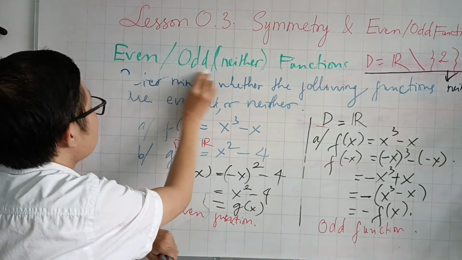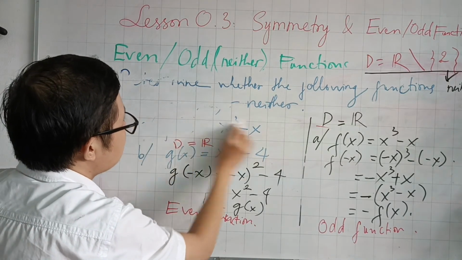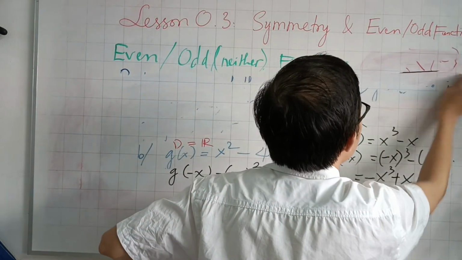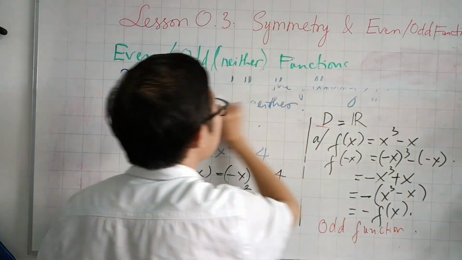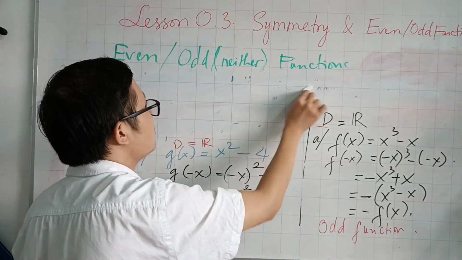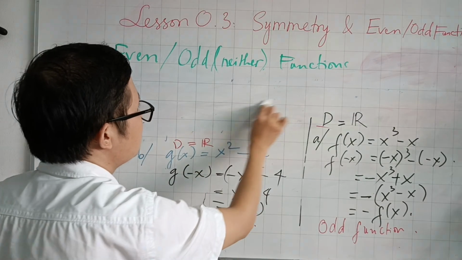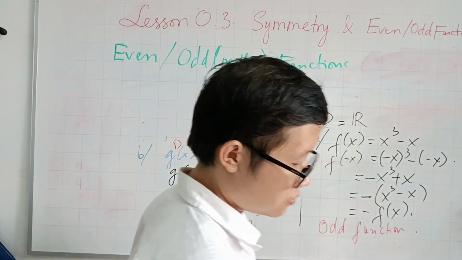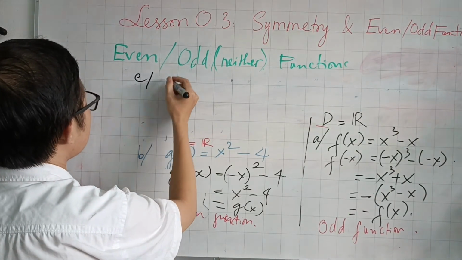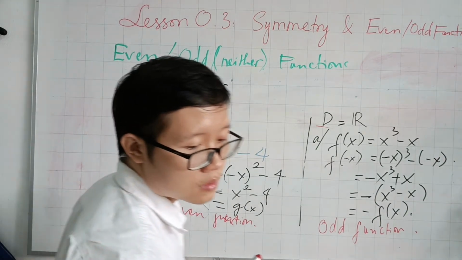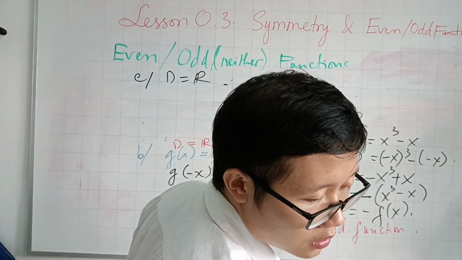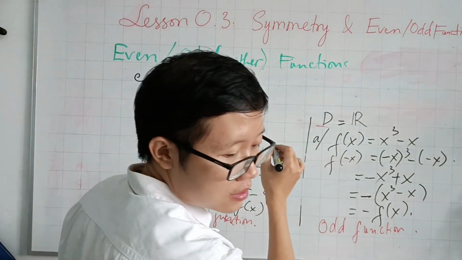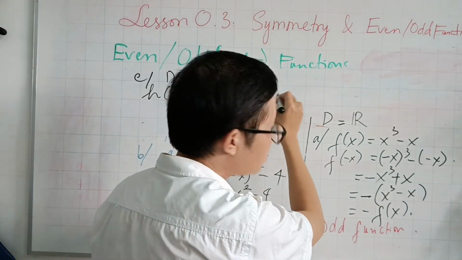And question C. D equals all the real numbers. h(x) equals x squared plus 2x plus 2.